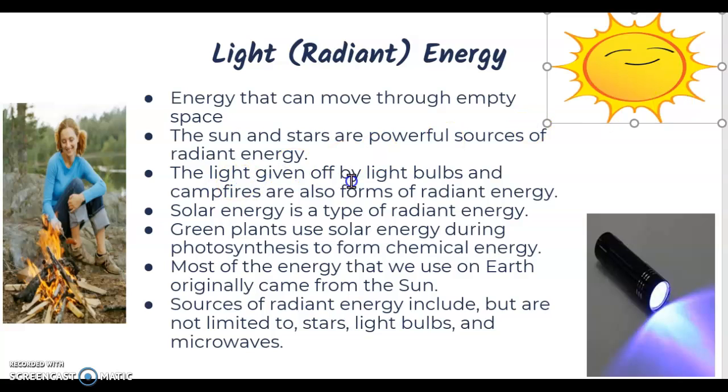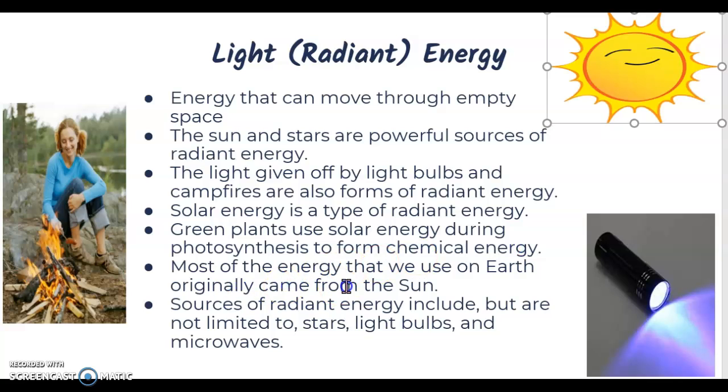The light given off by light bulbs and campfires are also forms of radiant energy. Solar energy is a type of radiant energy. Green plants use solar energy during photosynthesis, and in the process, they form the stored energy, which is called chemical energy.